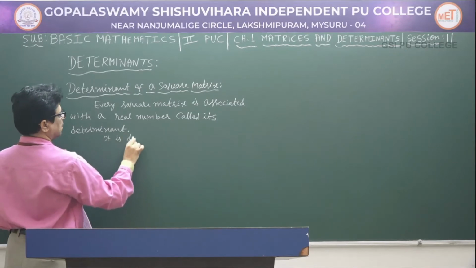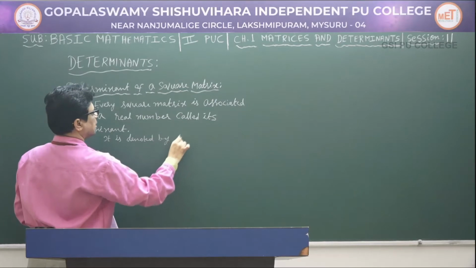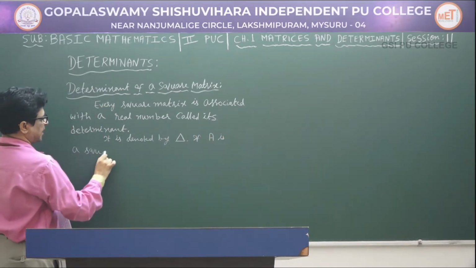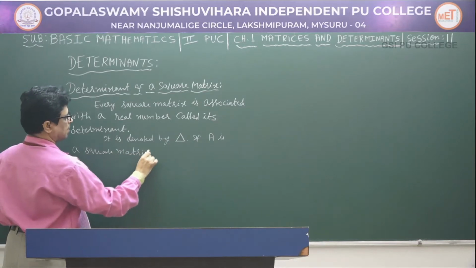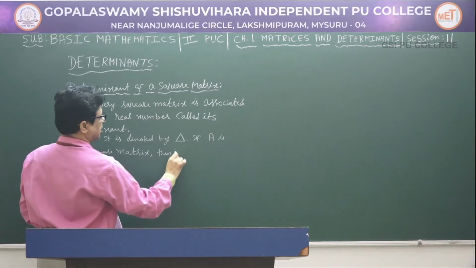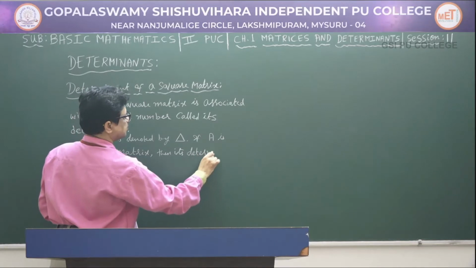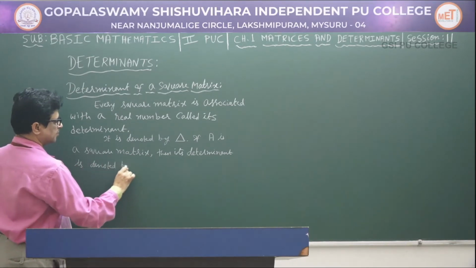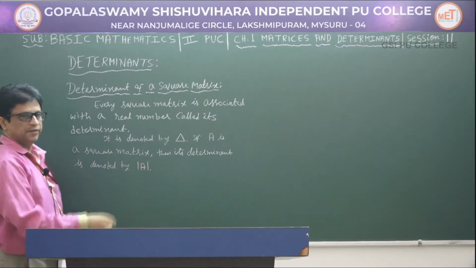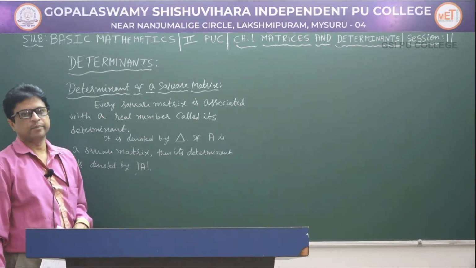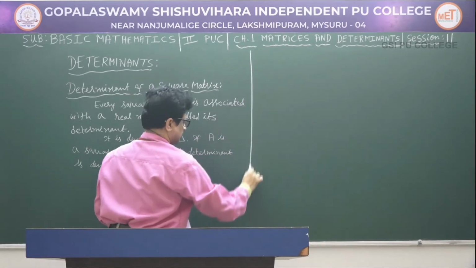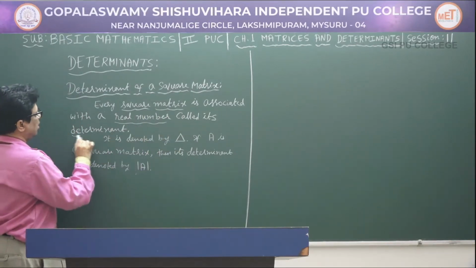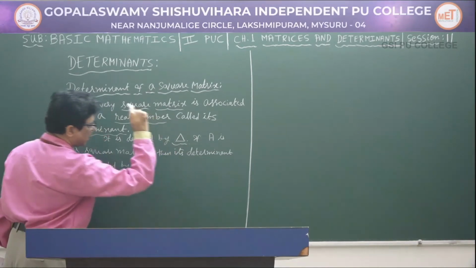It is denoted by delta. If A is a square matrix, then its determinant is denoted by determinant A. We read this as determinant A, not modulus of A. Every square matrix is associated with a real number called its determinant, and it is denoted by delta.